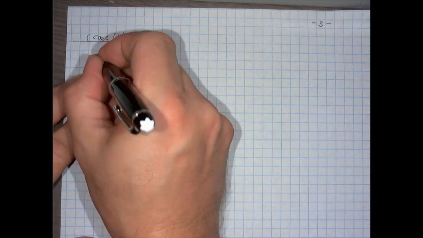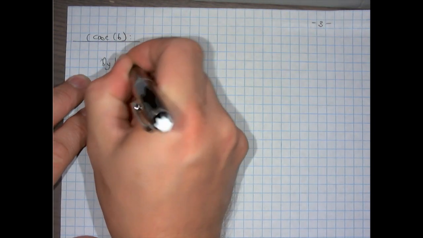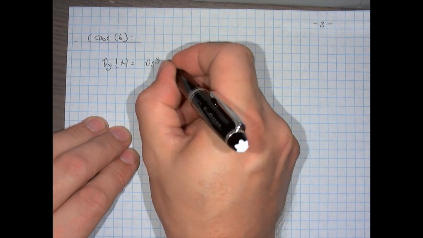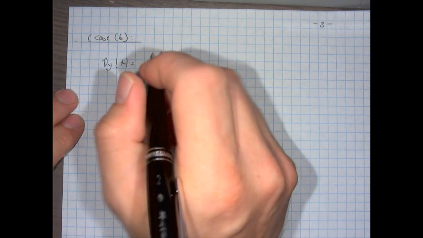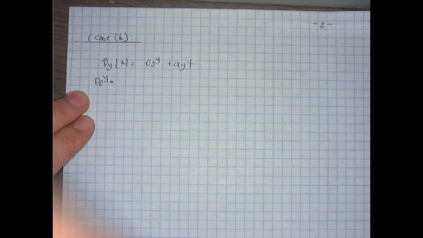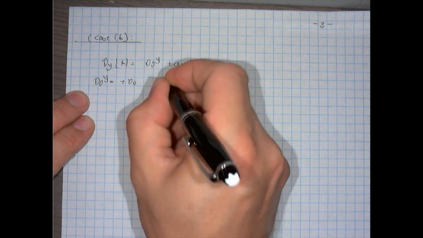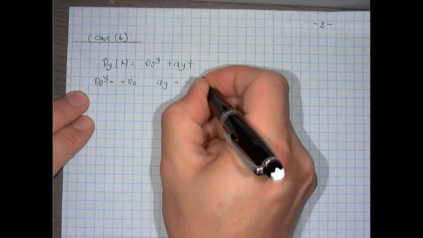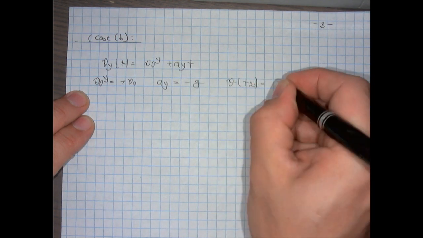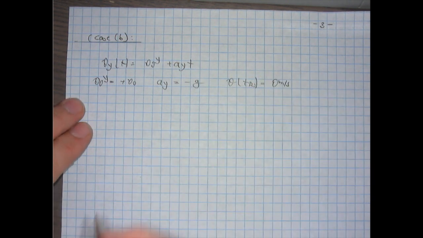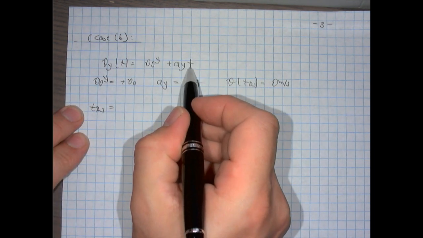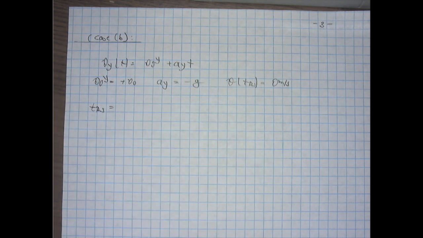So Vy of t equals V0y plus AYT. So now what do we have? Initial conditions are V0y is an upward positive velocity plus V naught, AY equals minus G, and V of t at the rise time equals 0 meters per second. So therefore we can calculate the rise time simply by solving this for t, setting this equation to 0. This is rather simple.